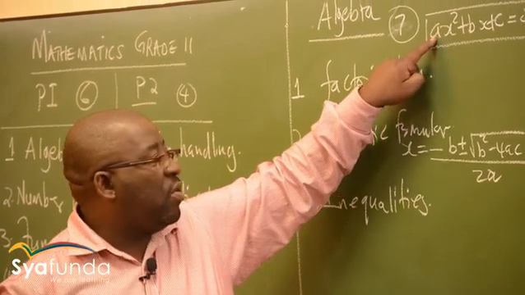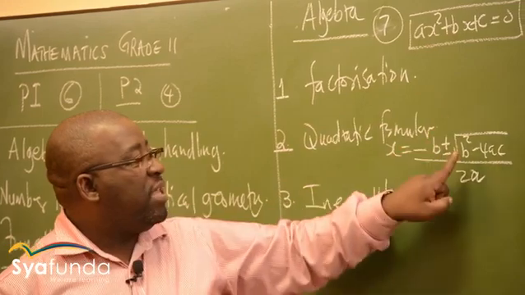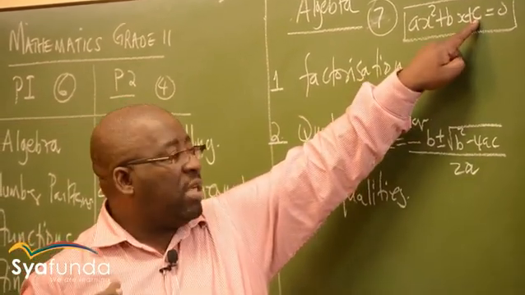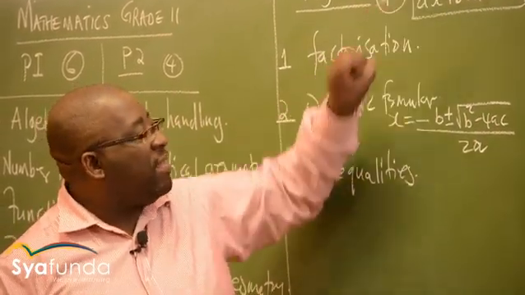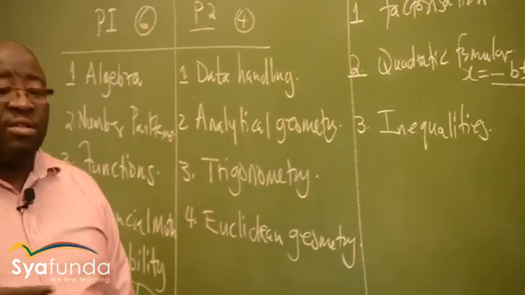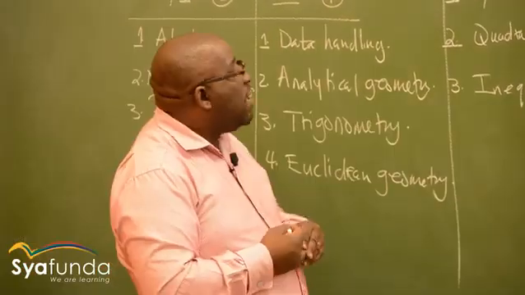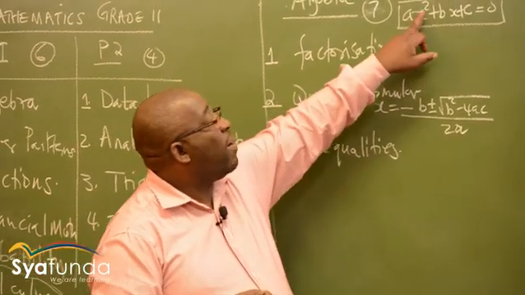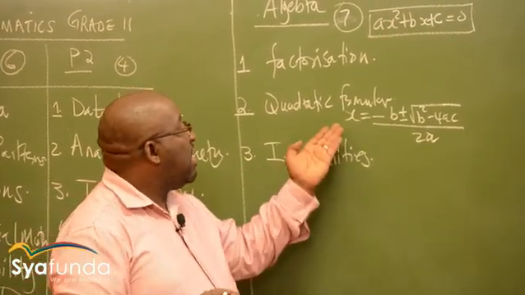The coefficient of x squared will be your a, the coefficient of x will be your b, and c stands for the constant term. All that you need to do is to take those values and place them at the appropriate positions. Then you use a calculator to get the actual value of x. Remember that quadratics, x is to the power 2. Therefore, in most cases, you'll be getting 2 roots, 2 x values.